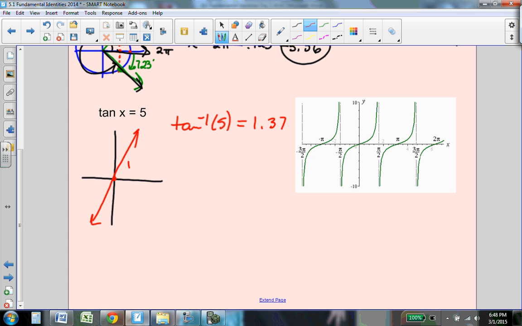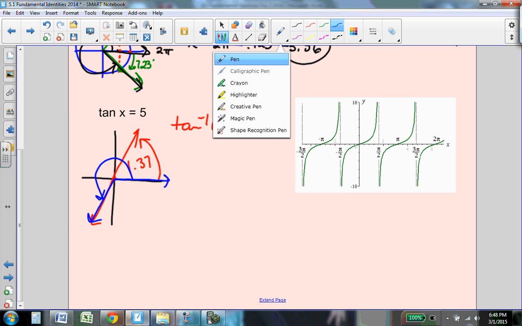So this angle right here is 1.37 radians. I need to know the other angle that has that same slope value, so I'm going to have that angle start here, and this one also has a slope value of 5.